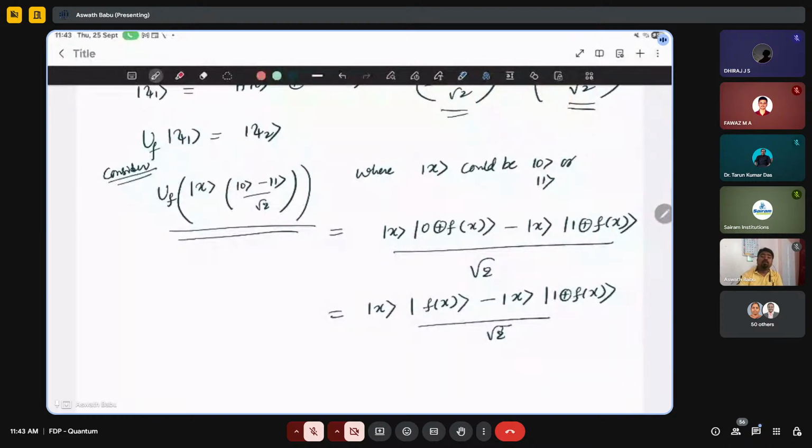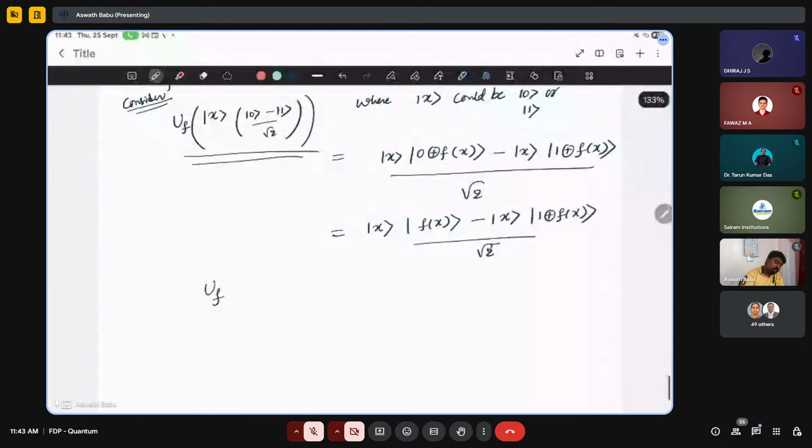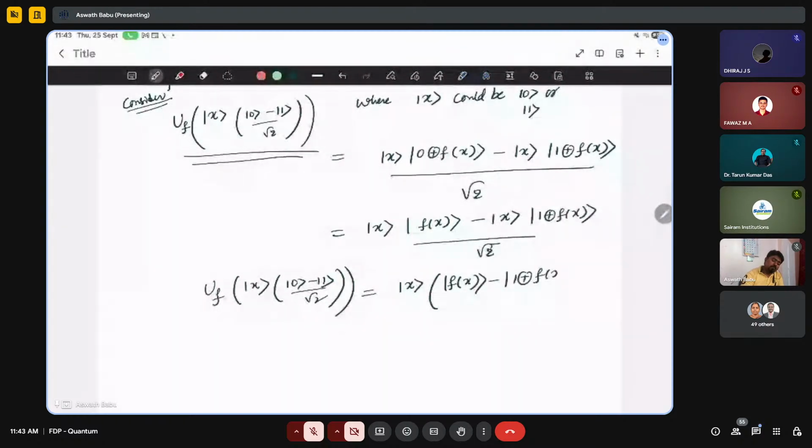Now if you carefully look at this output, you can write it in a short notation, which is x, then f of x minus 1 plus f of x, divided by square root of 2.